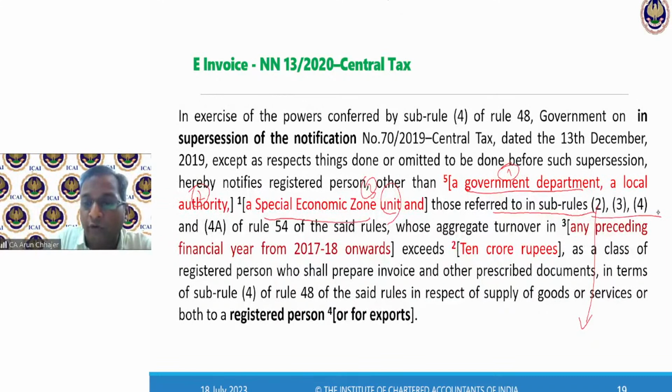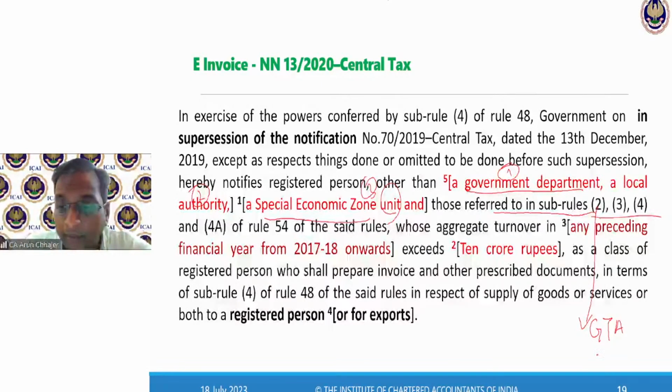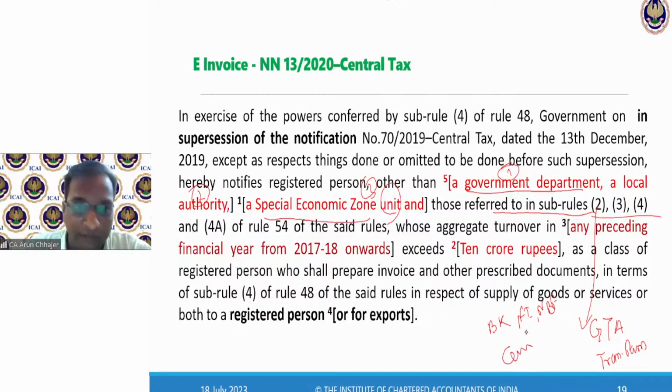Sub-rule 2, 3, 4 and 4A कौन है? GTA, Goods Transport Agency, Passenger Transportation Service, Banking Company, Financial Institution, NBFC, and Cinematographic Film, Multiplex Screen.